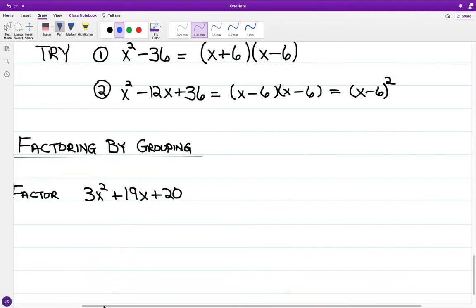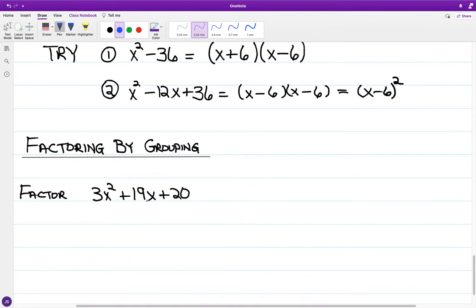Now, what you're going to do in terms of initiating the steps is look at first of all the first and the last numbers. First number at 3, last number at 20, and you're going to multiply them together. So the product is going to be 60.